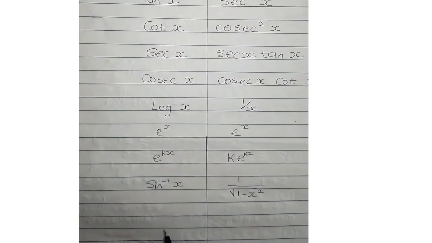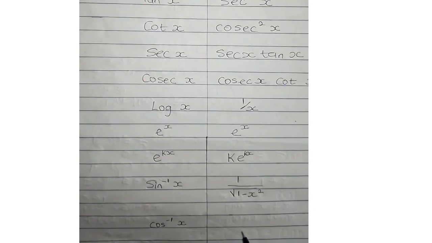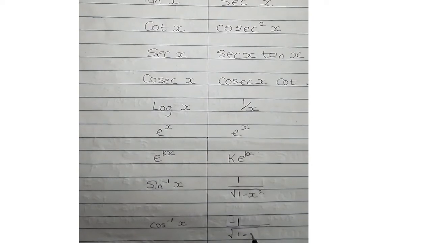When you differentiate the cos inverse of x, we're going to have minus 1 over the root of 1 minus x squared.